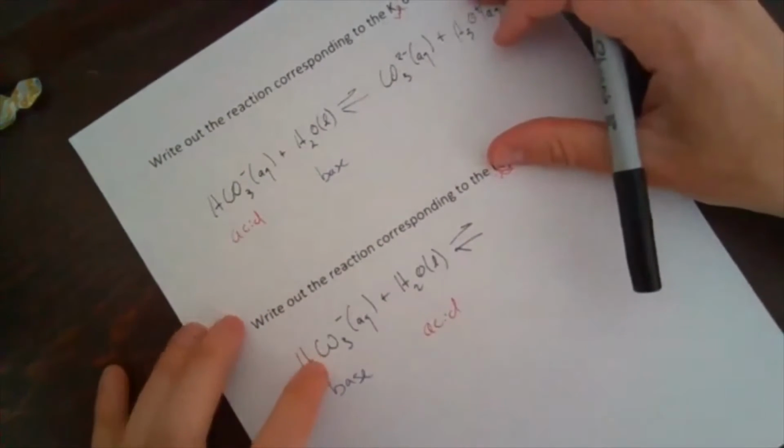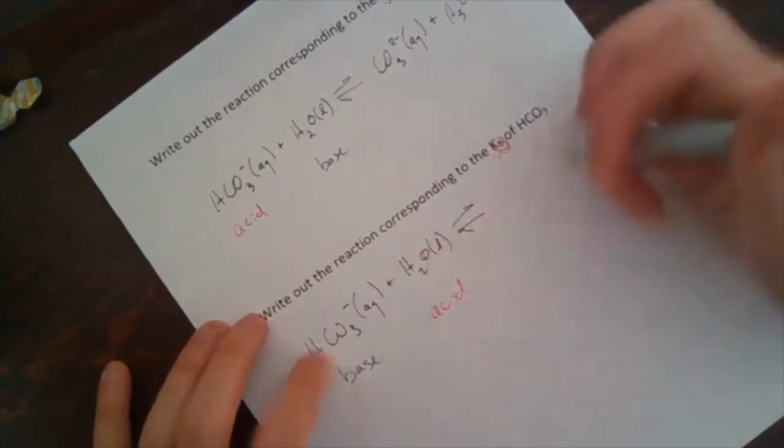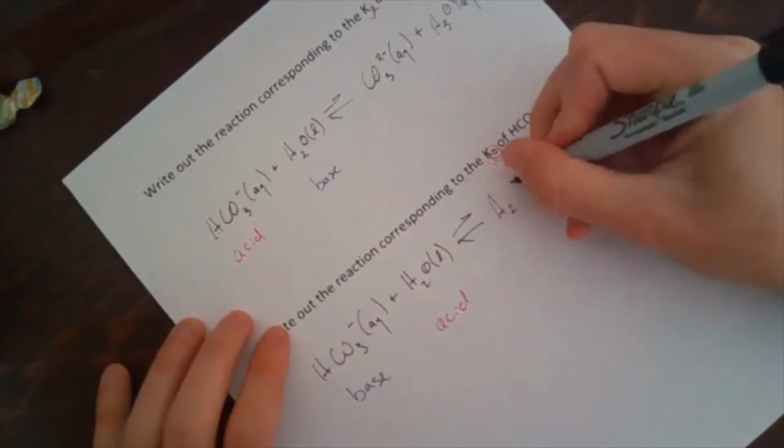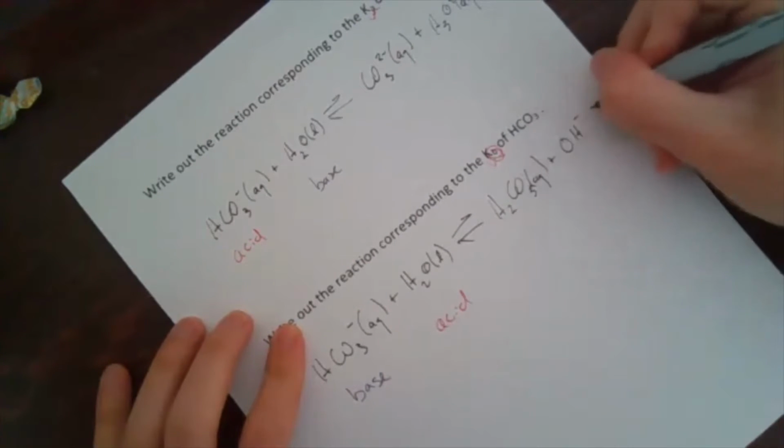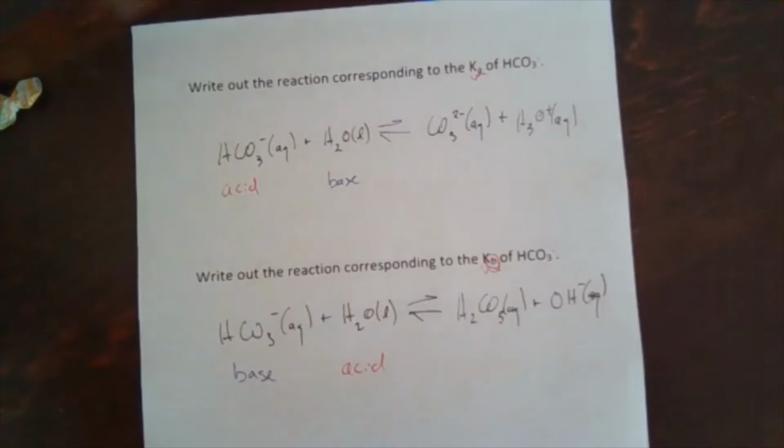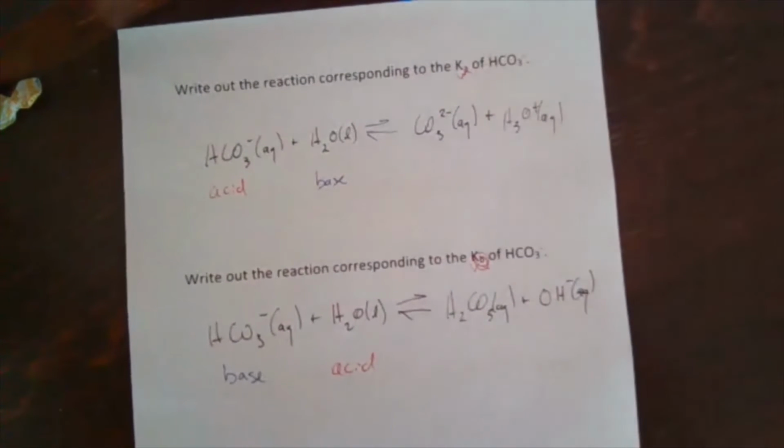And so if this thing is a base, it would be accepting an H plus from the water. You get H2CO3 aqueous plus hydroxide. So this is, again, just like this was the stereotypical acid reaction in water, this is the stereotypical base reaction in water, where that molecule is reacting with water, taking away an H plus from the water to produce hydroxide.